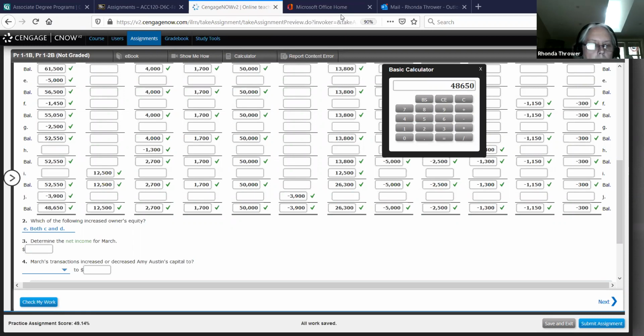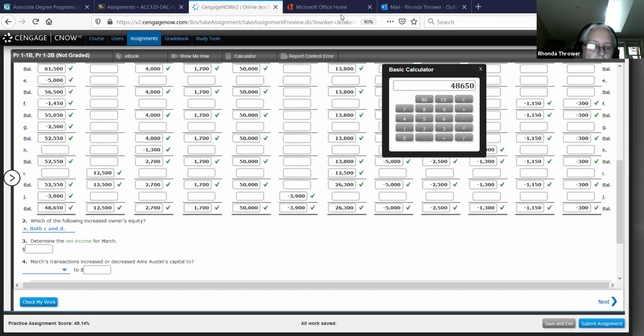It added to the owner's equity. So we're going to add our net income, and then we're going to subtract out our drawing. Our drawing is the owner's withdrawals, and that was $3,900 that came from here that I plugged in here. The difference between net income and drawing will give us the increase in owner's equity for the period. It's not the total owner's equity, but the increase is actually this.